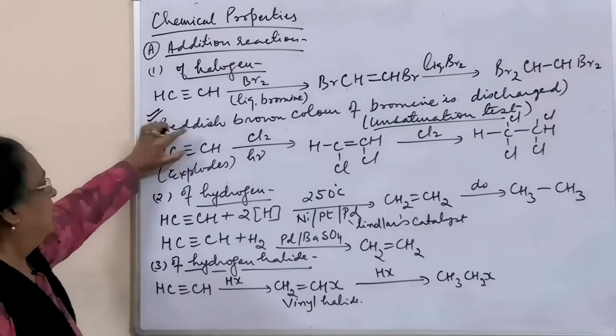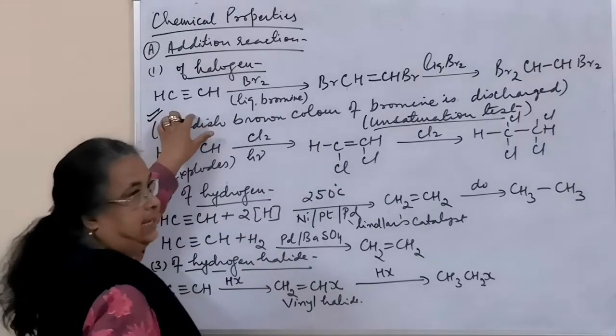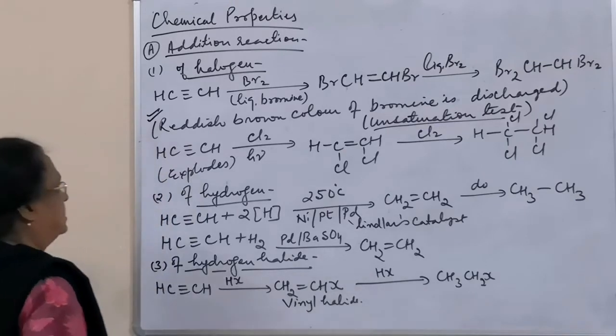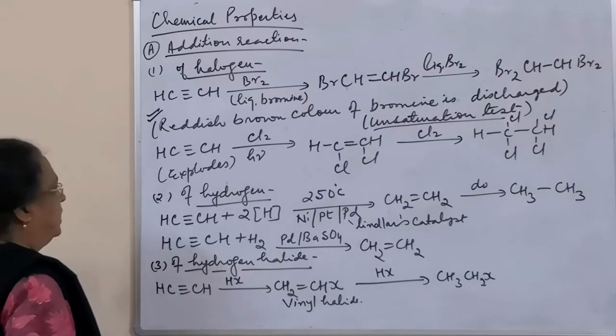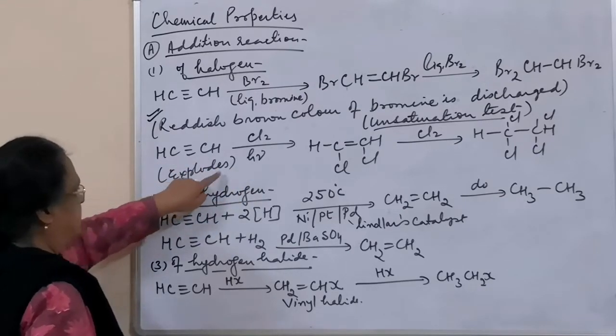So the reddish brown color of bromine is discharged by any unsaturated hydrocarbon. So acetylene decolorizes bromine.